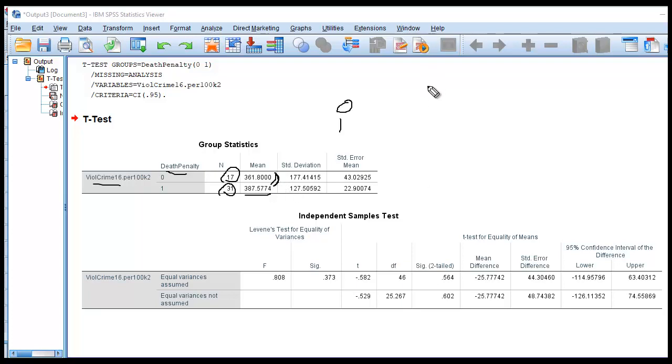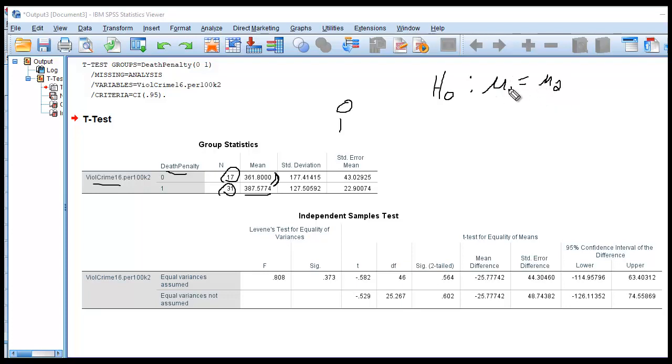So keep in mind that with the independent samples t-test, the null hypothesis is that there is no difference between population groups with respect to the dependent measure. So we can specify the null hypothesis in the following way. We can say mu 1 is equal to mu 2, which is basically the mu for group 1 is equal to mu for group 2.